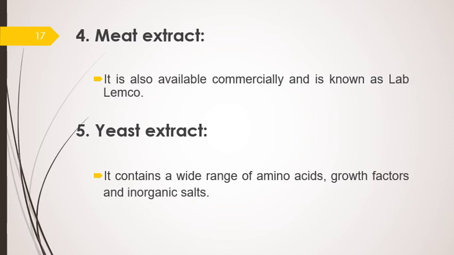So yeast extract is majorly used as a comprehensive source of growth factors and may be substituted or used in place of meat extract in culture media. As I already told you, we use either meat extract or yeast extract in our culture media because both have similar properties.